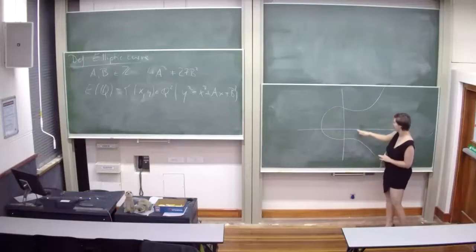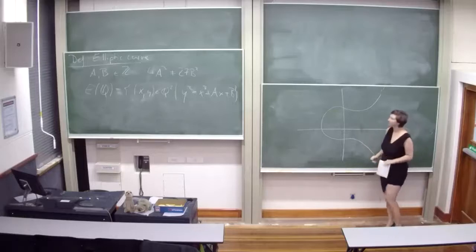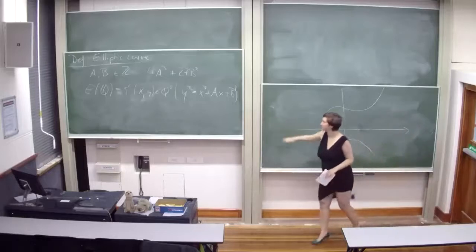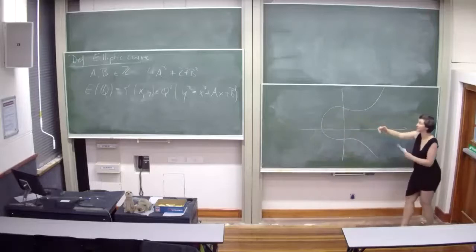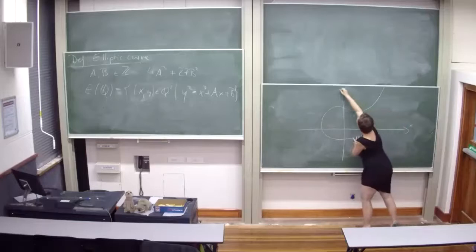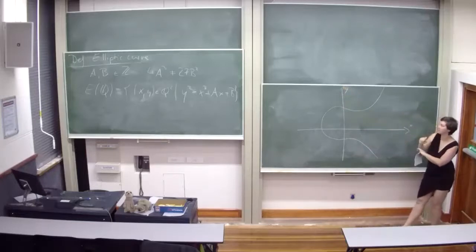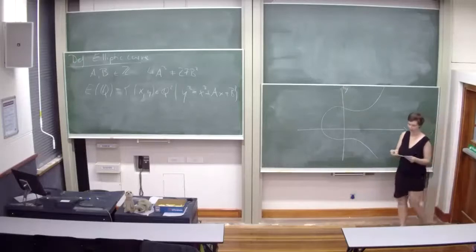Actually this should be symmetrical to the x-axis, which is not quite the case, but it should be. These are just the points in that set. So we have x here and y here that fulfill this equation of y squared is equal to x cubed plus ax plus b.